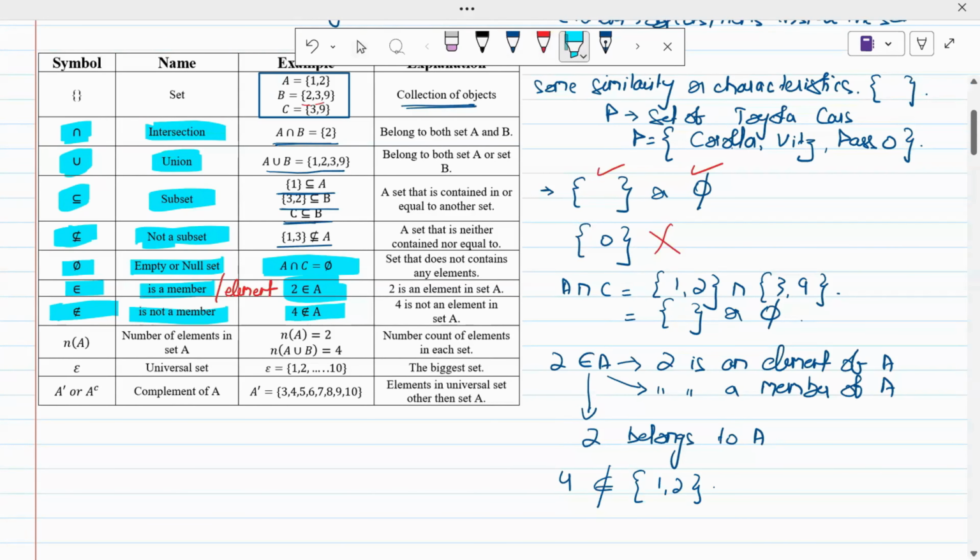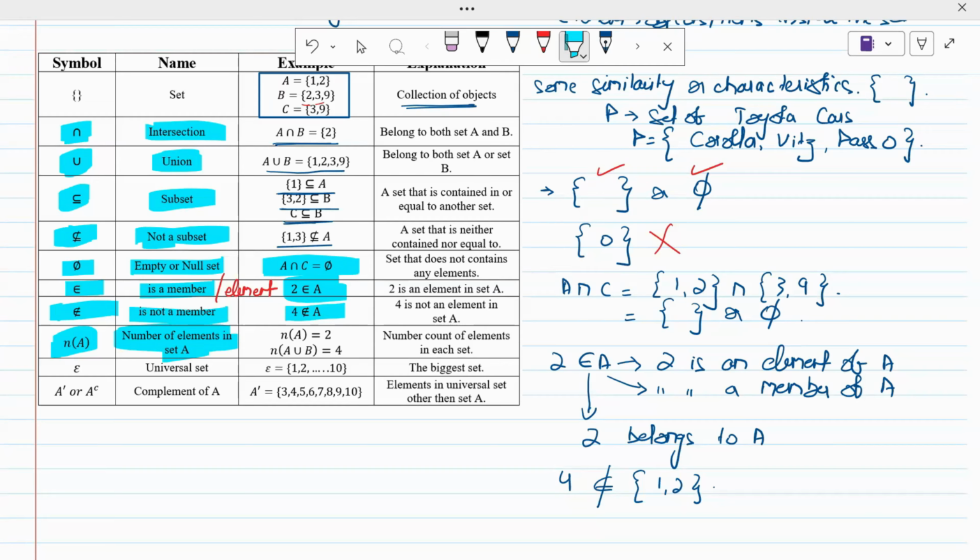Next symbol, N of A. N of A means wherever this letter N is used, this letter N represents the count of the elements. It's read as number of elements in set A. So be clear about two things.